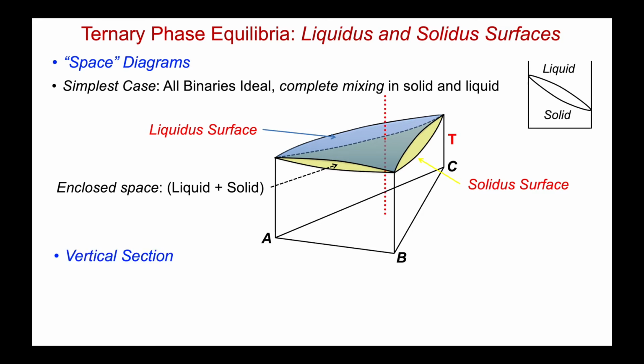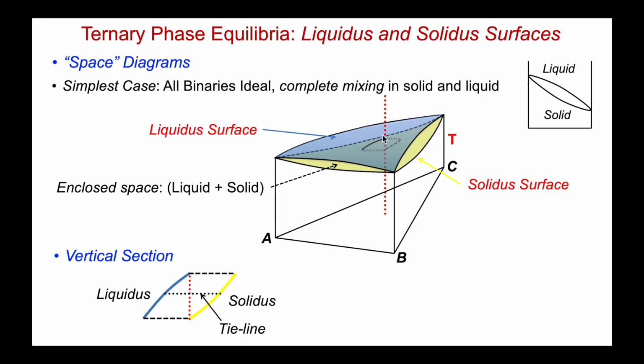Let's just take a vertical section through these two surfaces to see if we can understand what's going on in 3 dimensions. So now if my overall composition is here, when it hits the liquidus surface, that liquid composition coexists through a tie line with a solid composition that lies on the underlying solidus surface.